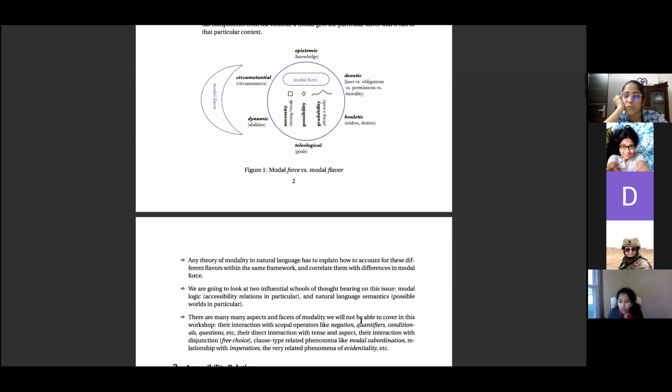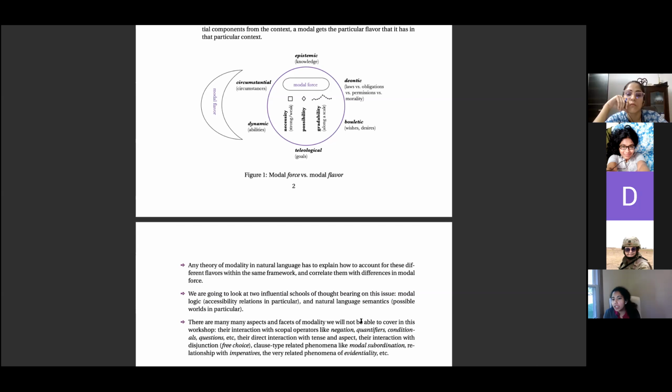I am not going to be able to talk about many other interesting aspects of modality: interaction with scopal operators like negation, quantifiers, conditionals, questions, direct interaction with tense and aspect. I will not have time to talk about temporality within modality at all. Also interaction with disjunction, an effect called free choice, cross-type phenomena like modal subordination, and the relationship with speech-act phenomena like imperatives.